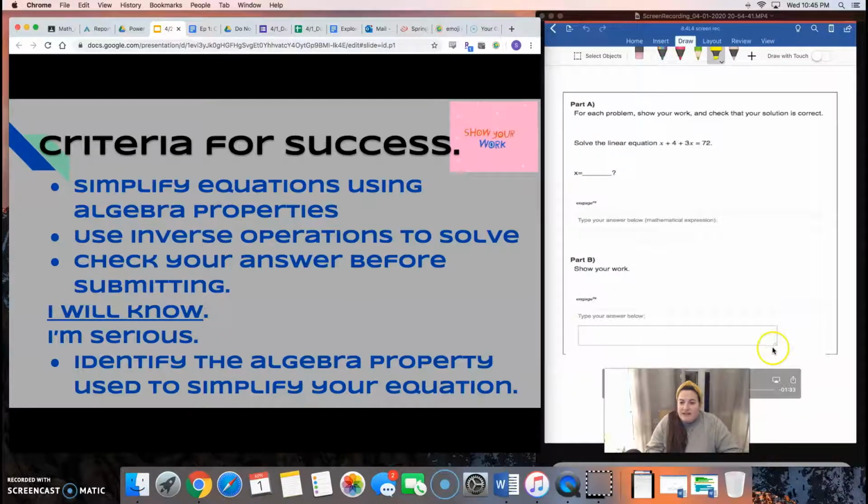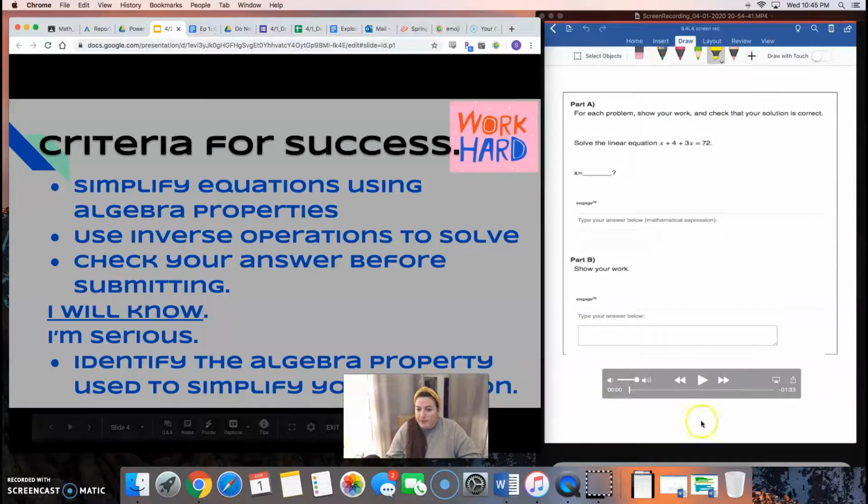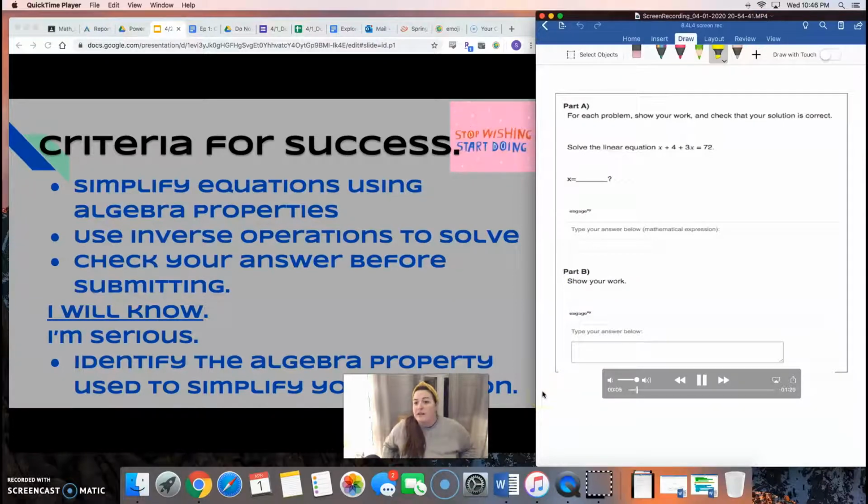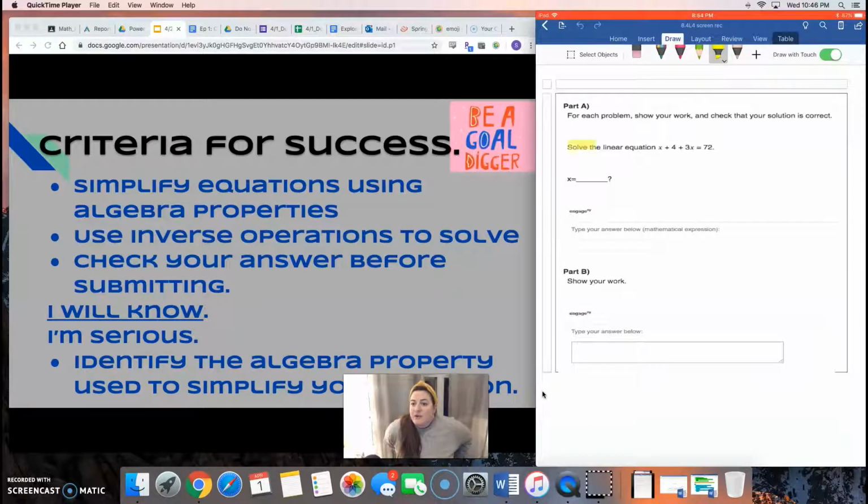So let's take a look over here, and let's look at the solution to number 1. So this question simply says, solve the linear equation x plus 4 plus 3x equals 72. And you know me, I like to rewrite it so it's nice and big.